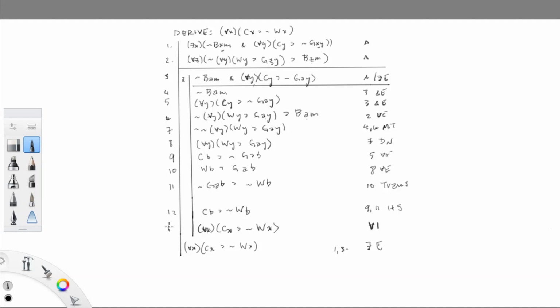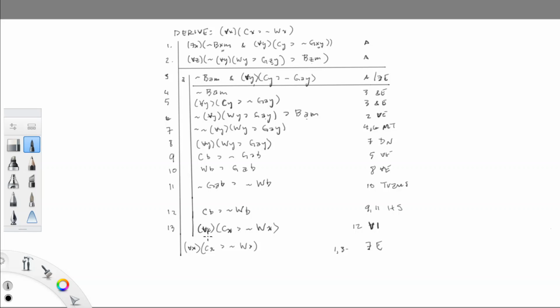The next line is line 13, and that's simply an application of universal introduction on line 12. So once we have that statement, we can move it to the next outer scope line. The name A, remember, is restricted to this subderivation. It doesn't appear above the subderivation, and it's not allowed to appear below it.